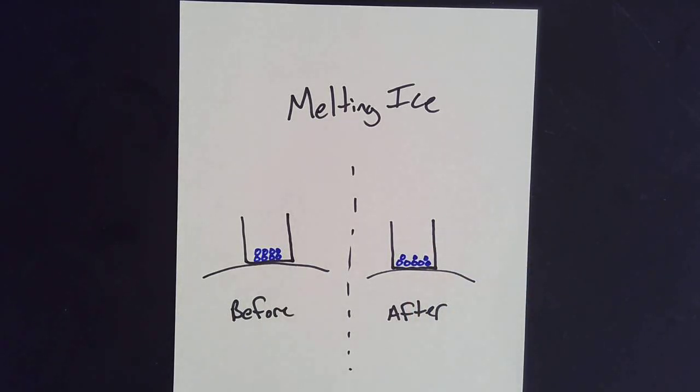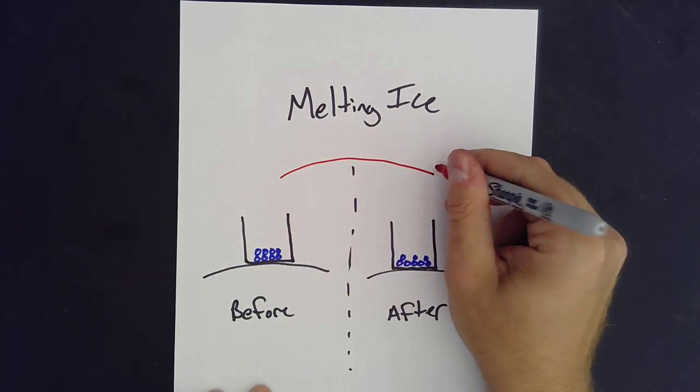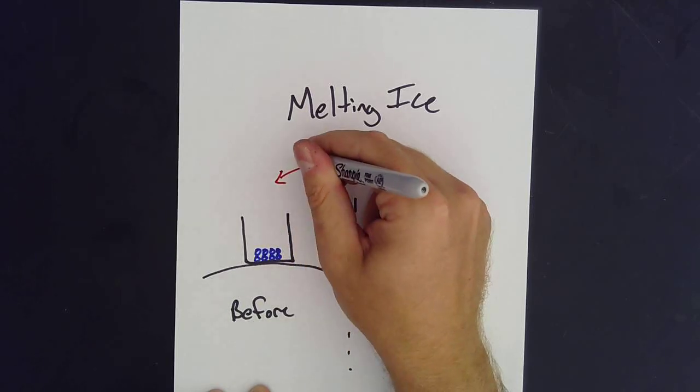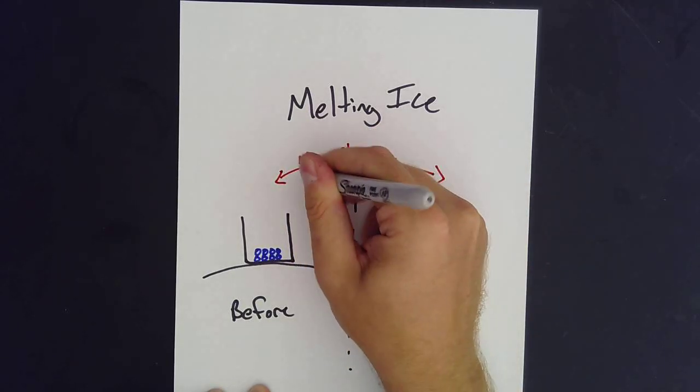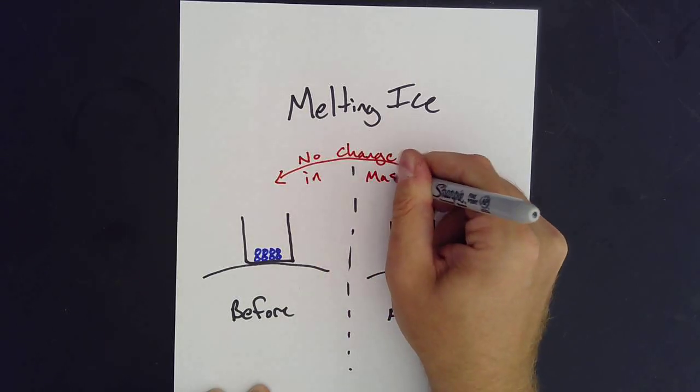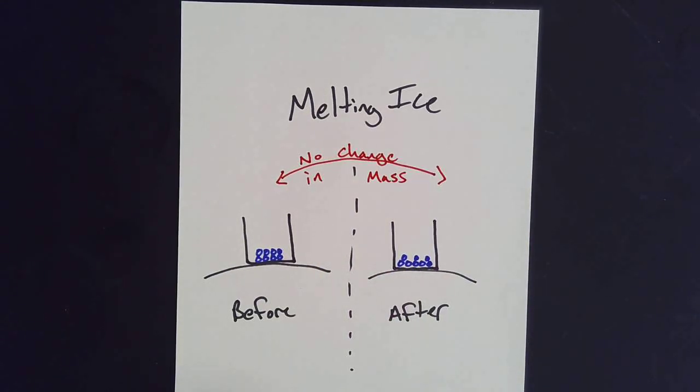So we have the same number of dots before and after in our model. Of course, what this is telling us for our full story is no change in mass. There's the same number of dots.